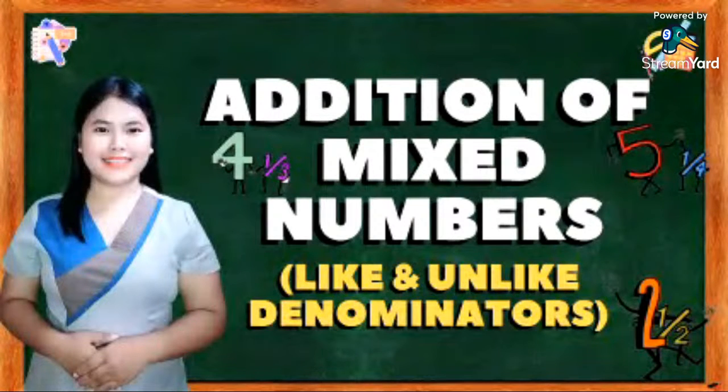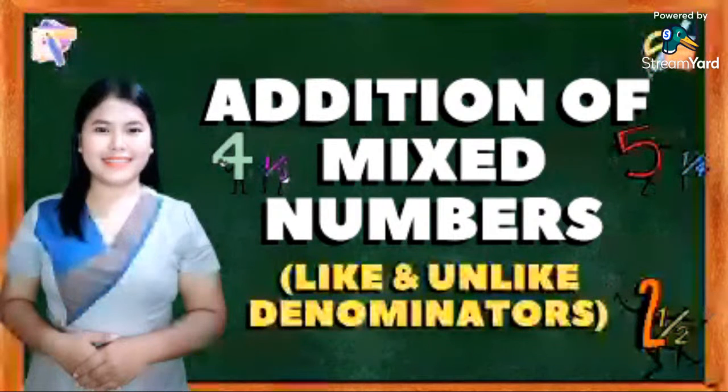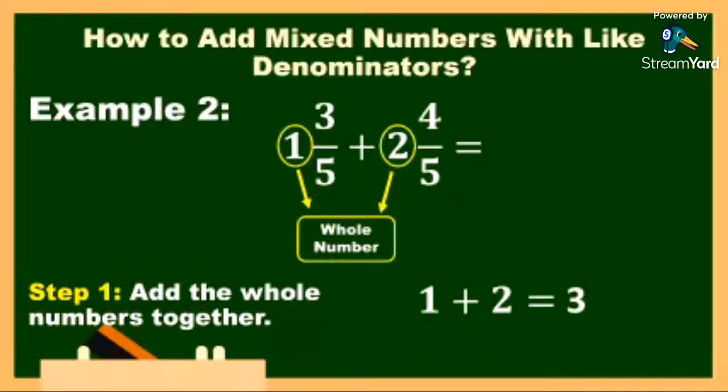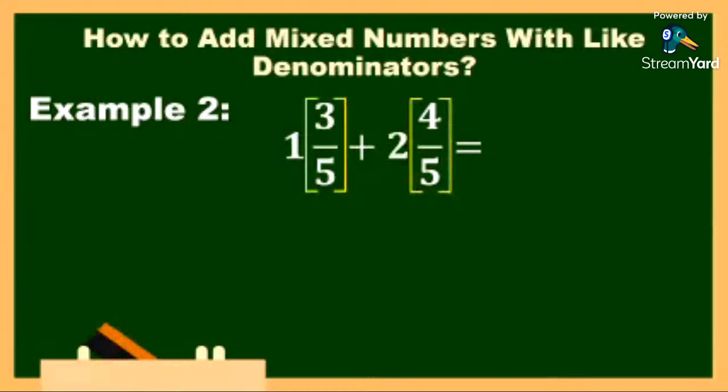Another example, 1 and 3/5 plus 2 and 4/5. In step 1, we need to add the whole numbers together. So 1 plus 2 is equal to 3. Then 3 over 5 and 4 over 5 are the proper fractions.